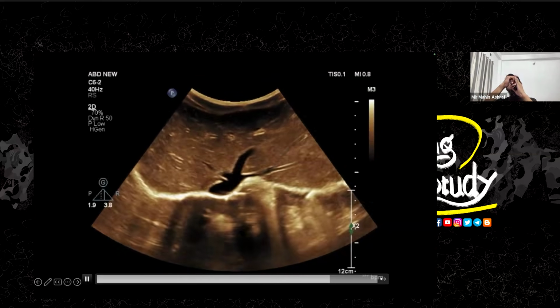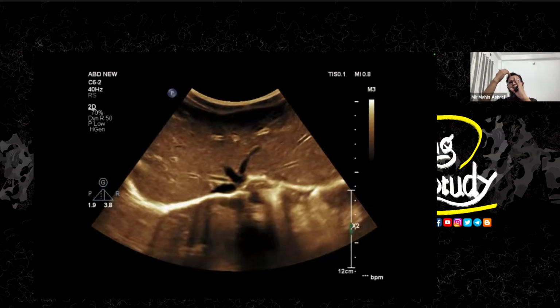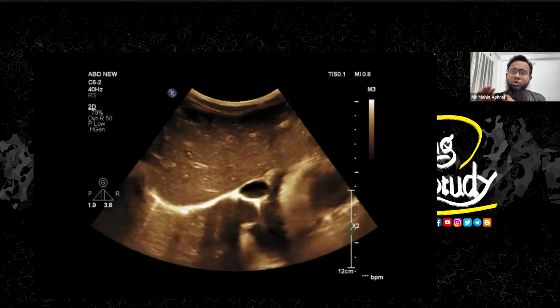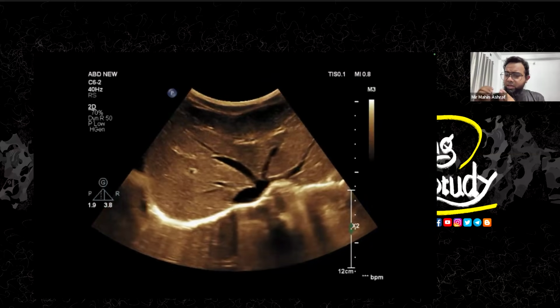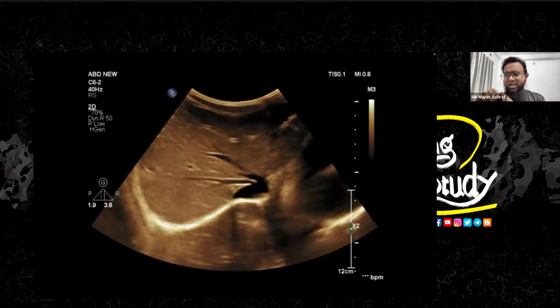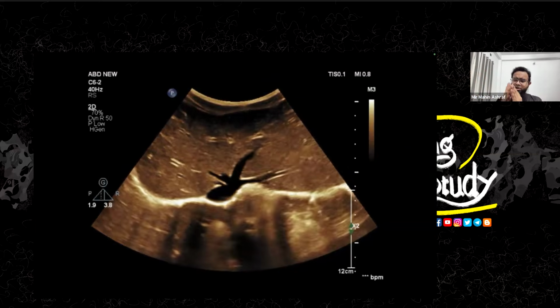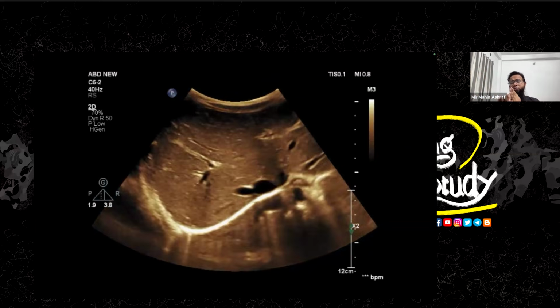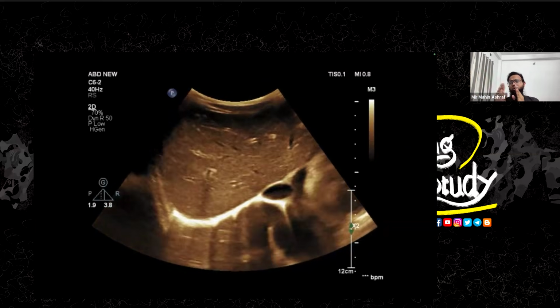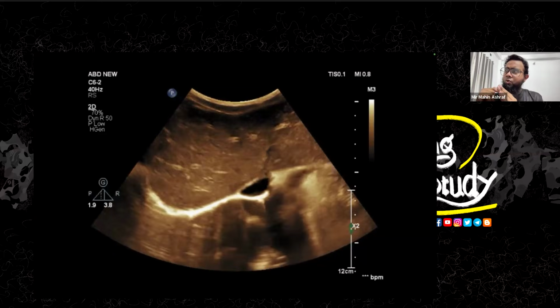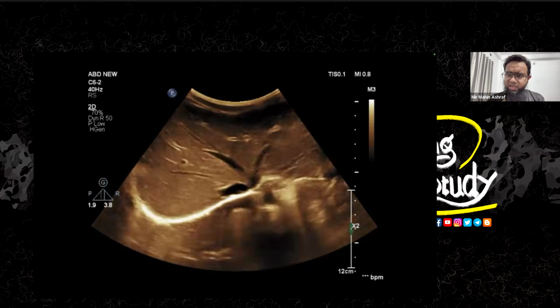If you remove the mercury or silver from the glass, it won't be a mirror anymore. It will change to glass and you can see the posterior part. So a similar thing happens here. If you remove the pleura from the diaphragm, now there is a space over here and you won't see the mirror image artifact again.